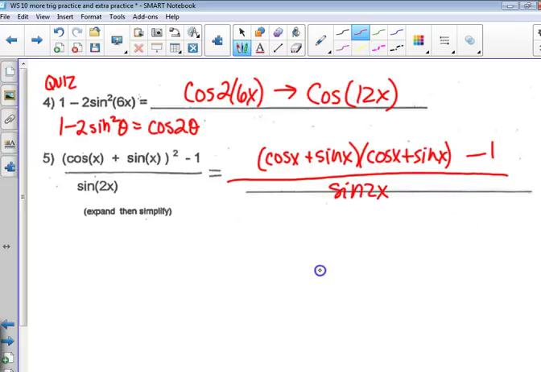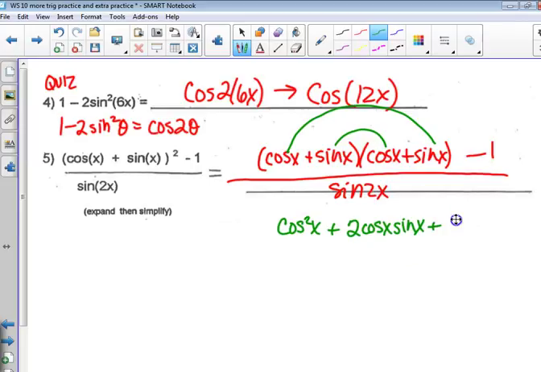So what's going to happen up top there? Cosine times cosine is cosine squared. Okay. What's one of these and one of these? Yeah, there are 2 of those that are a cosine times a sine, or a sine times a cosine, whatever order you want to write it in.